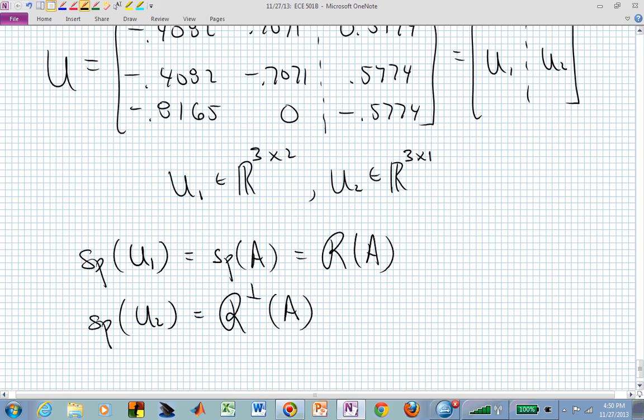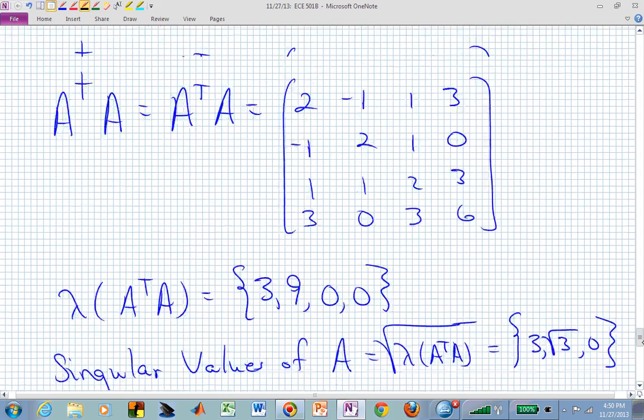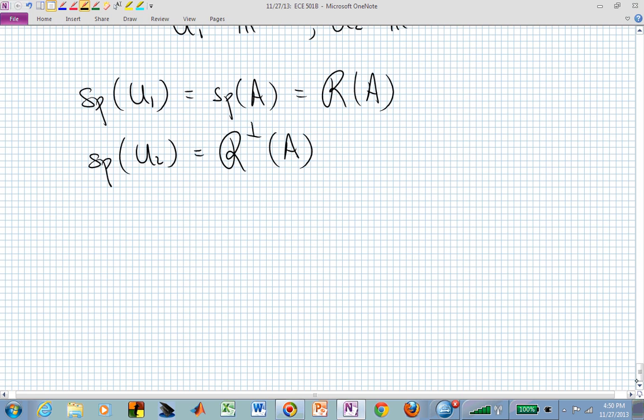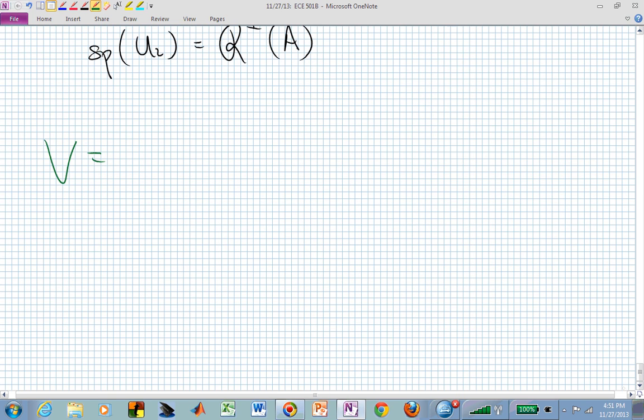What about the V's? If we look at V, here is our decomposition. A is equal to U sigma V transpose. V, if we did the singular value decomposition in MATLAB, is now a 4x4 matrix.